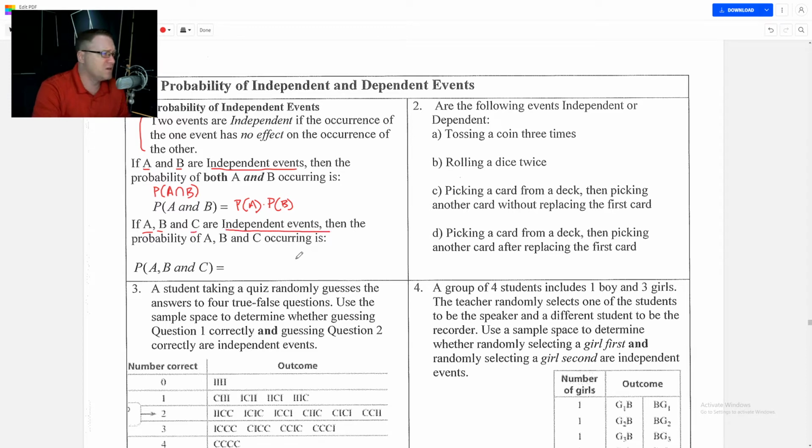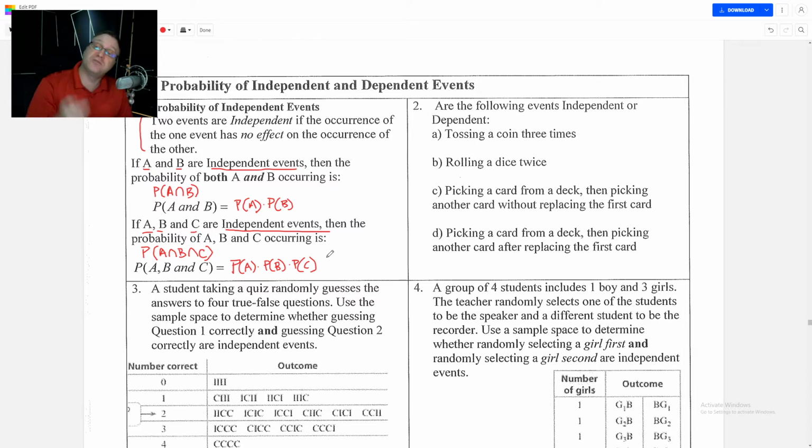Well, then the probability of A and B and C, which sometimes we would write like this, the probability of all of these happening is the probability of A happening times the probability of B happening times the probability of C happening. So these are rules about independent events.